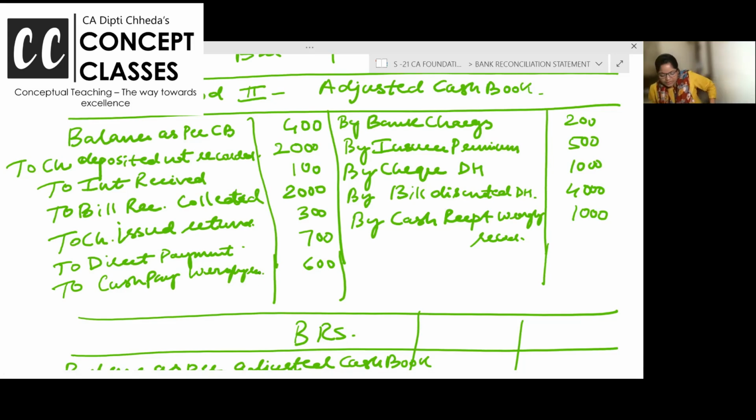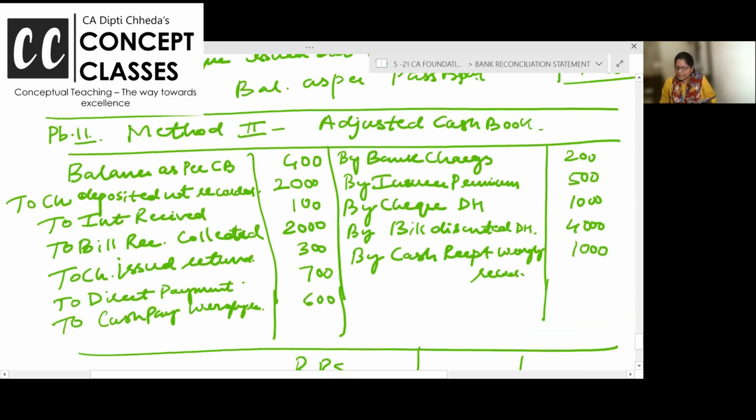Now check how much is the balance as per the cash book. Oh, the closing balance is also coming on the same side. It's becoming overdraft.